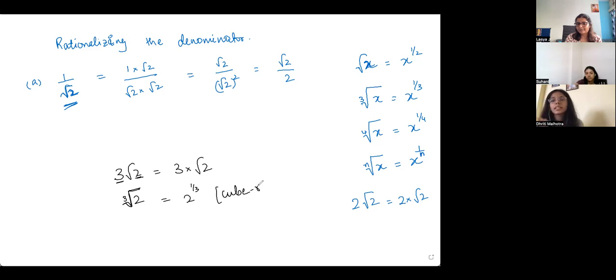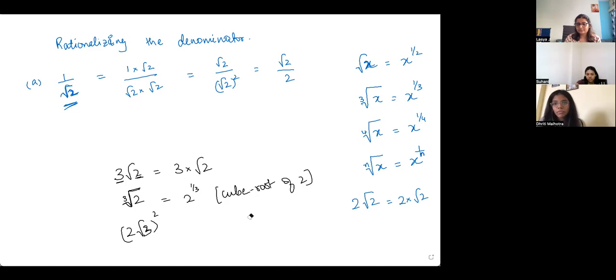Okay, miss, if it is like 2 root 3 bracket raised to 2, can this come? Root 3 bracket raised to 2. No, root, like 2 inside the root.